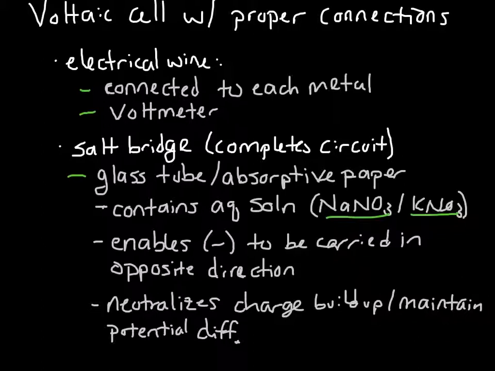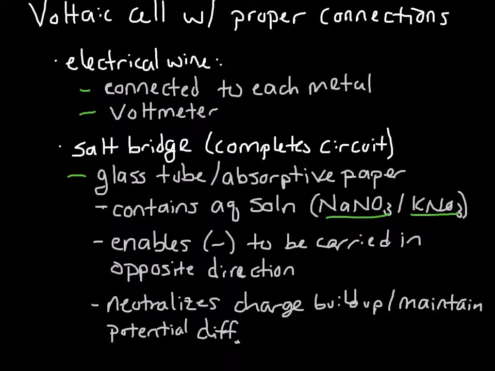In addition, sodium and potassium also have higher reactivities than most of the other metals we use, therefore they always want to stay in their ion form, because the more reactive metals prefer to be oxidized and therefore in their ion form. This aqueous solution enables the negative charge to be carried in the opposite direction. So we have the electrons moving in one direction, accumulating essentially negative charge on one side. Well, this allows the ions to switch as needed.